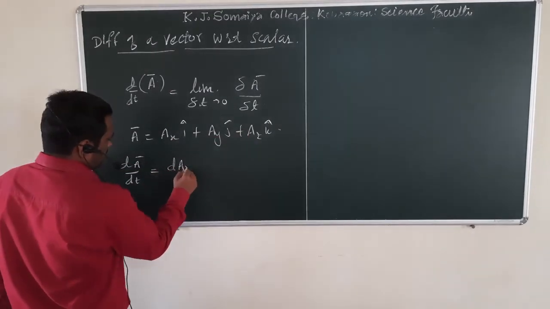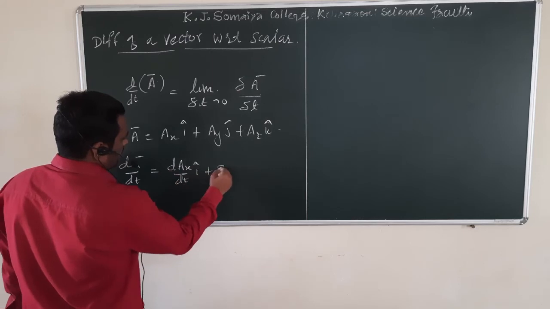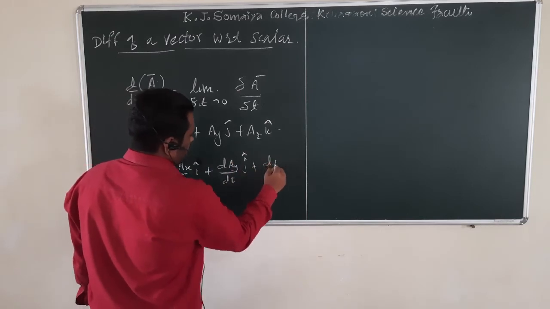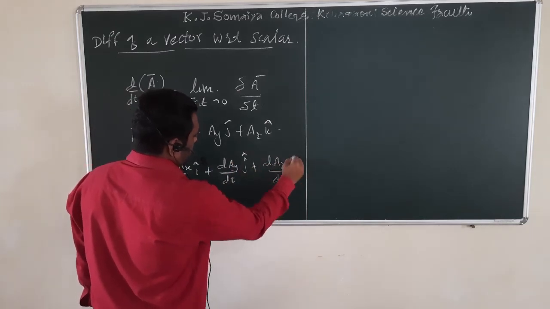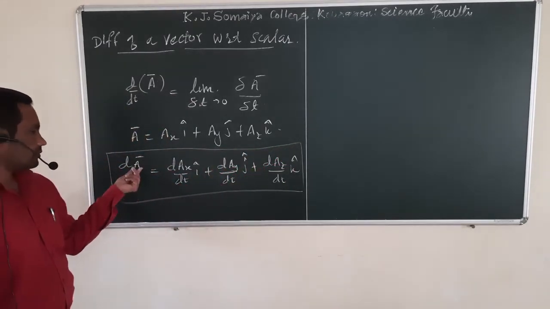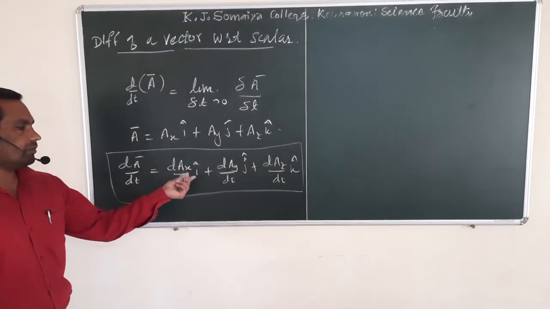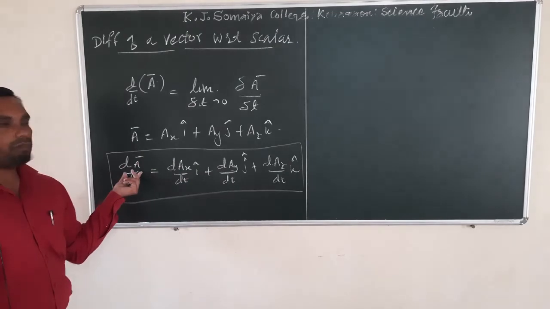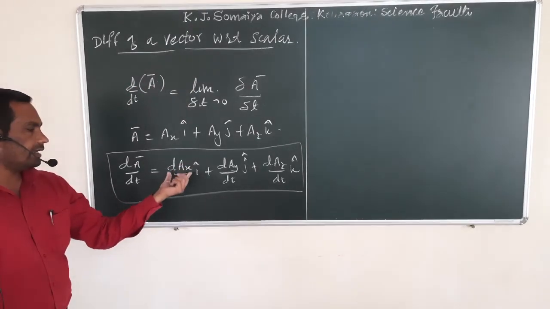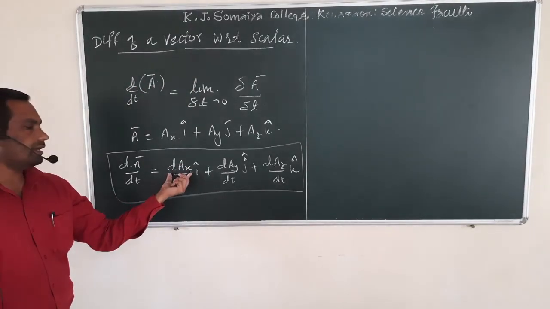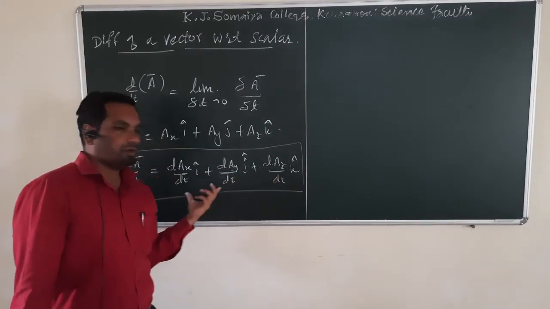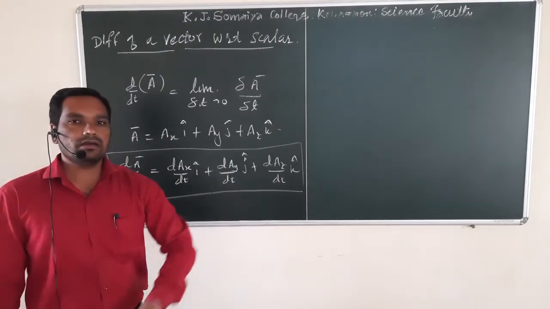So this is dAx by dt i cap, dAy by dt j cap, plus dAz by dt k cap. So this is the derivative of a vector quantity: we are differentiating each component. If you take the derivative of a vector with respect to a scalar, it is again a vector quantity.